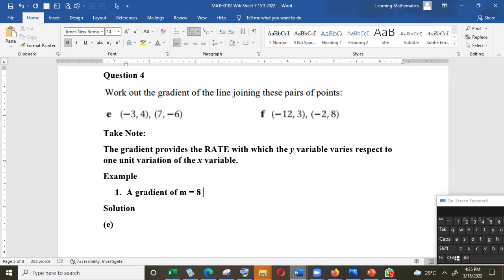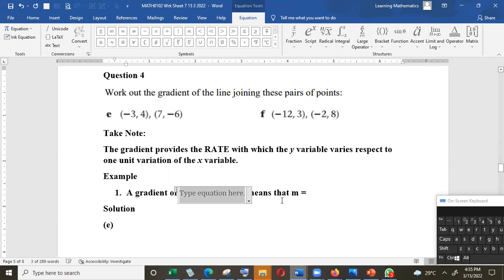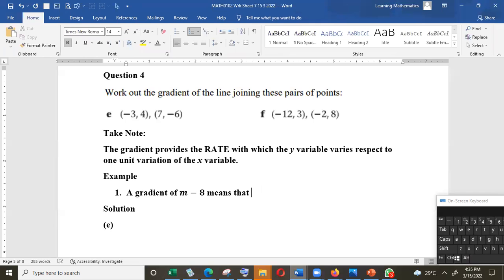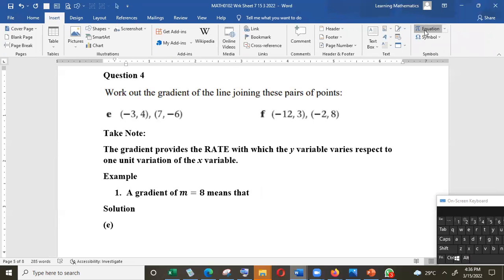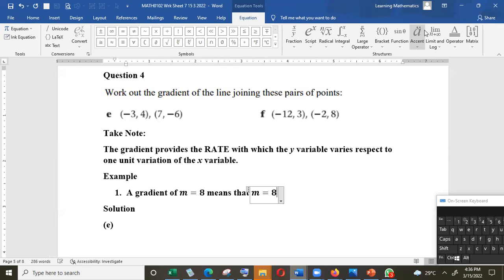A gradient of m equal to 8 means that m is equal to eight over 1, because to make a whole number look like a fraction, you just put a 1 under it.